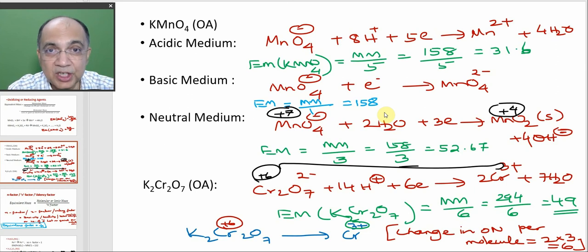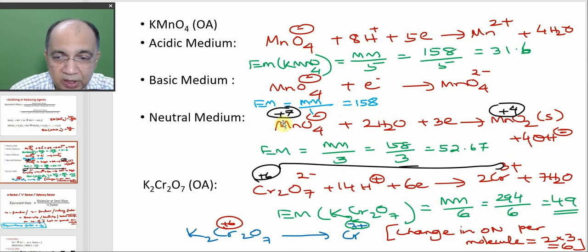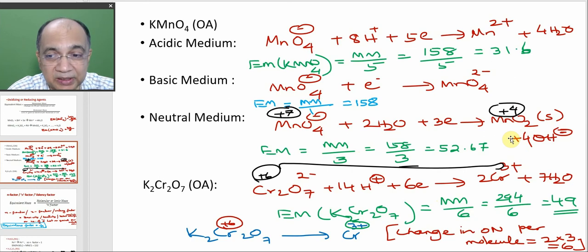It is better to go for oxidation number determination and find the change that is occurring per molecule or per ion. Similarly, in neutral medium, permanganate goes to MnO2 solid, from +7 to +4. So the change in oxidation number is 3. And you also get the same thing by balancing in the ion electron method.